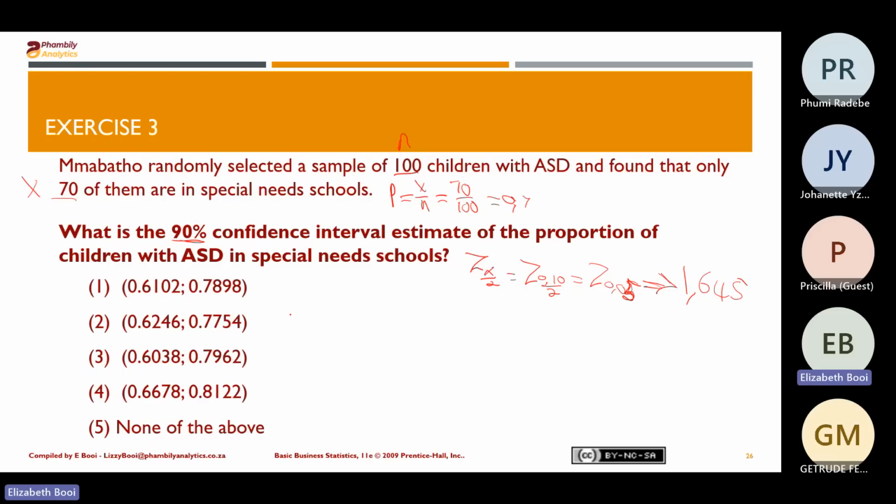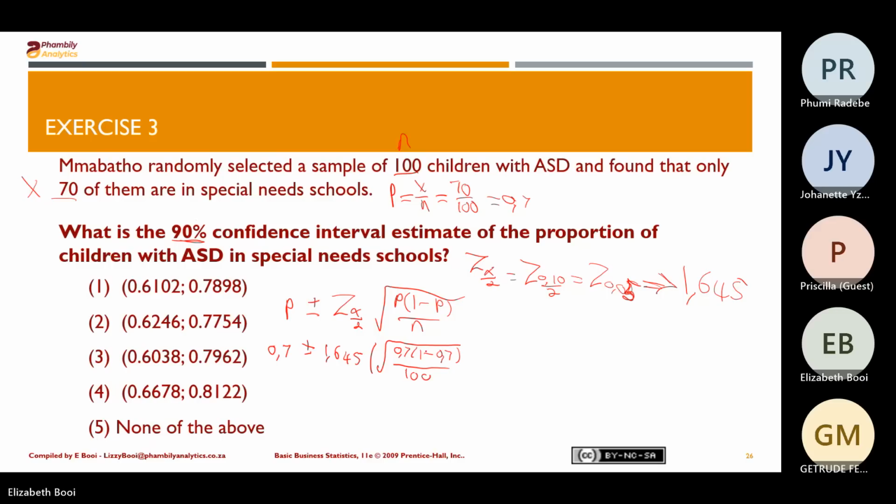So we're going to calculate our p plus or minus z alpha divided by 2 times the square root of p times 1 minus p divided by n. Our p is 0.7 plus or minus 1.645 times the square root of 0.7 times 1 minus 0.7 divided by 100.